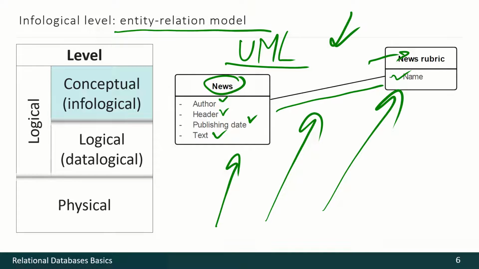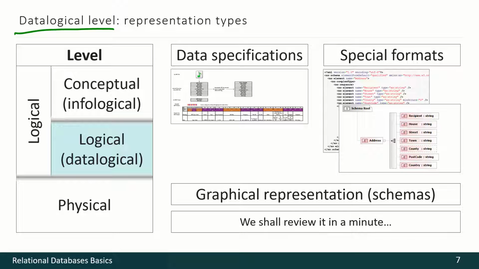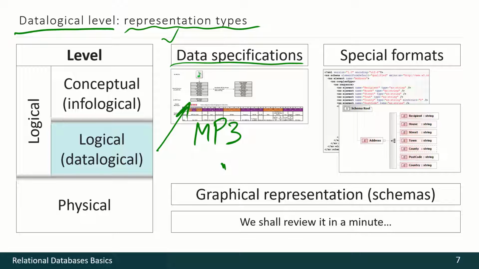Datalogical level also has several representation types. First of all, it's data specifications. Here on this picture you may see the inner structure of MP3 file. Yes, for real, any MP3 player is some kind of DBMS, database management system, in quotation marks of course.